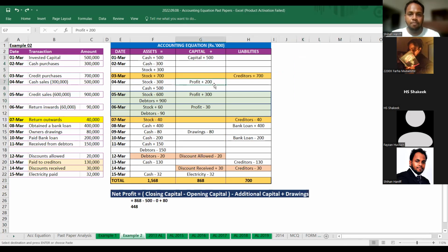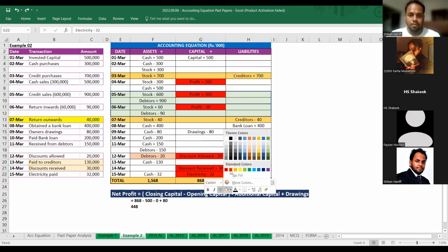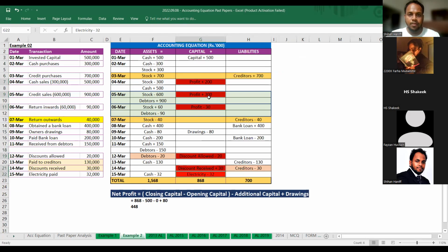So there you will have profit 200, this will be minus, drawings won't come. You take these items. If you take these items, you can get the net profit, which will be the same amount, 448.